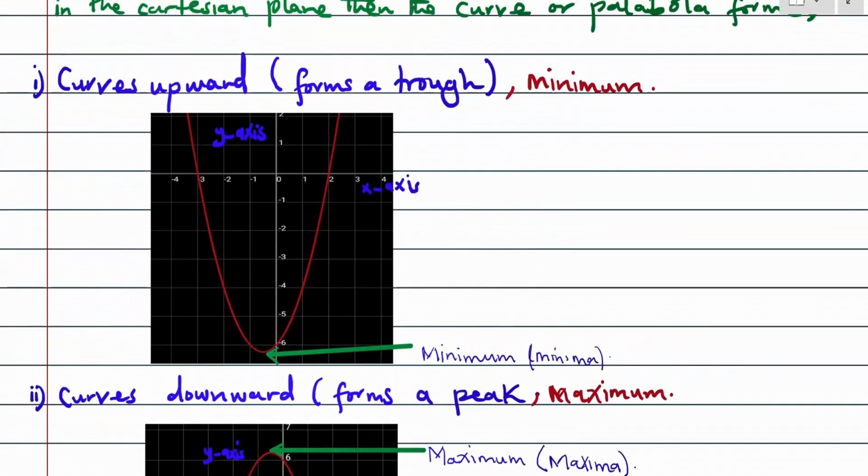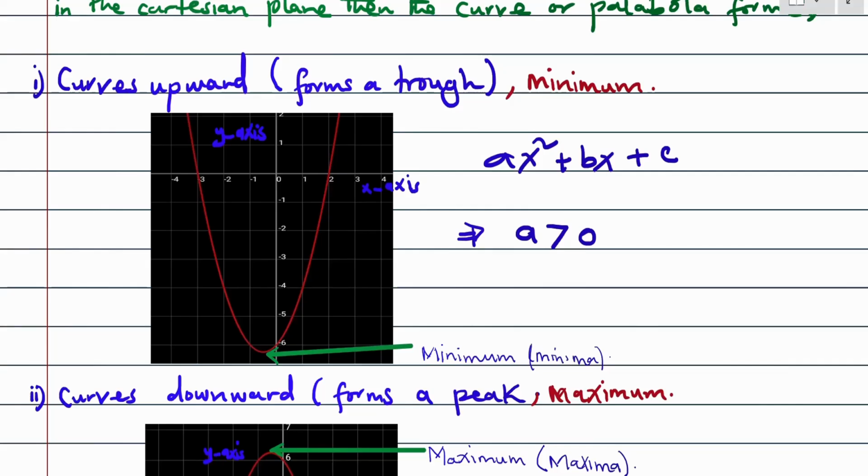So let's look at case number 1. The quadratic expression ax squared plus bx plus c has a minimum value, or curves upwards. The condition here is that the coefficient of x squared, which is a, should be greater than 0.